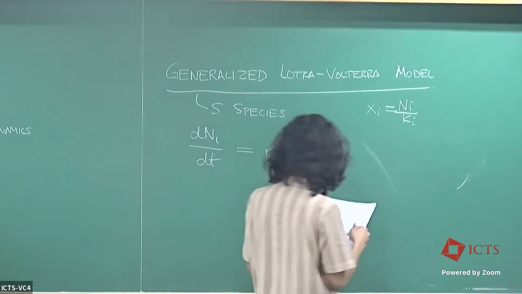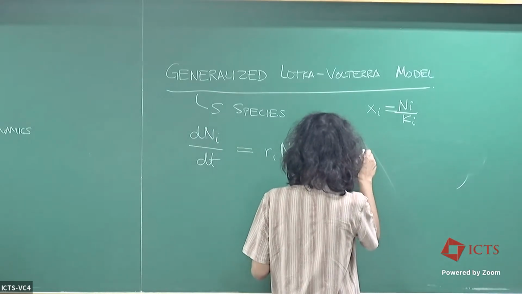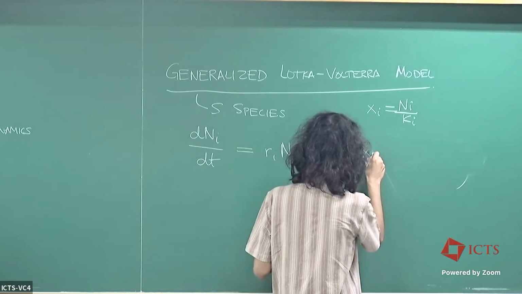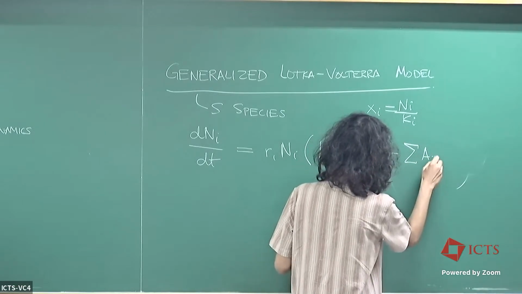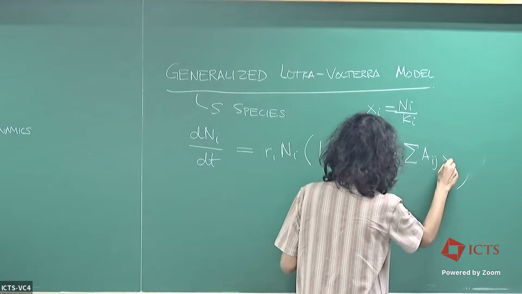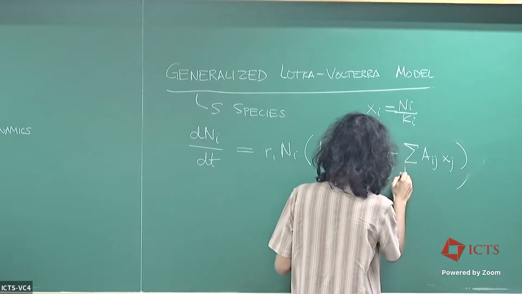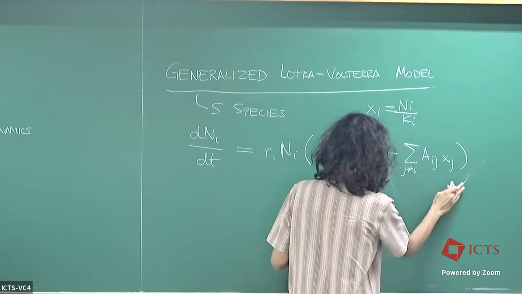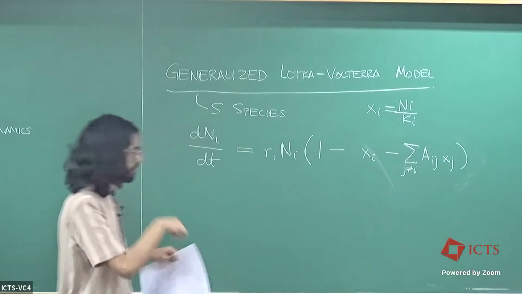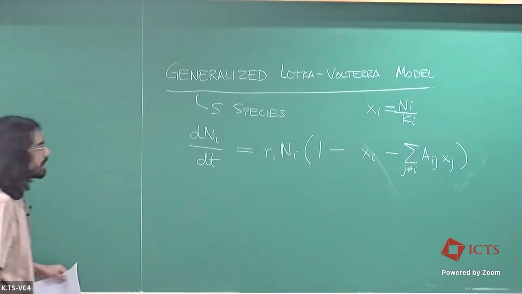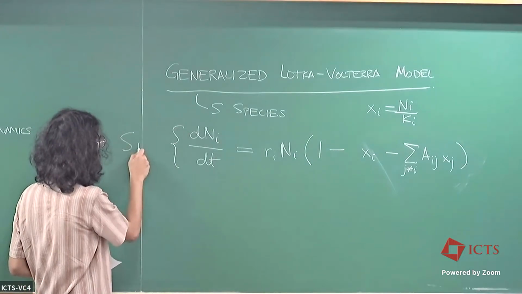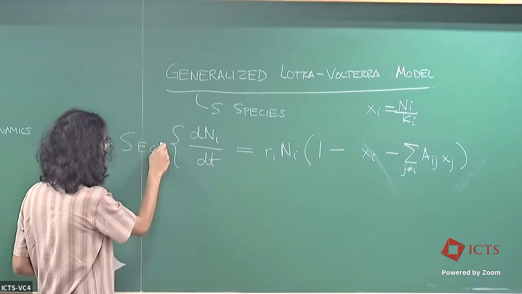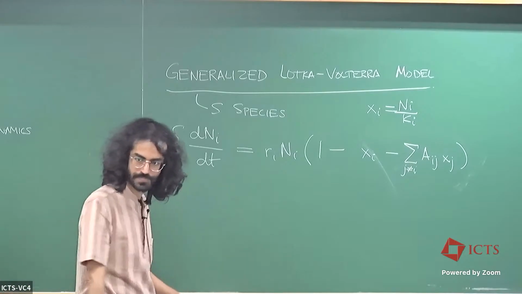There are many different versions of writing this, but one version that you can write down will look something like this. Right, so now the S equations, one for each species.